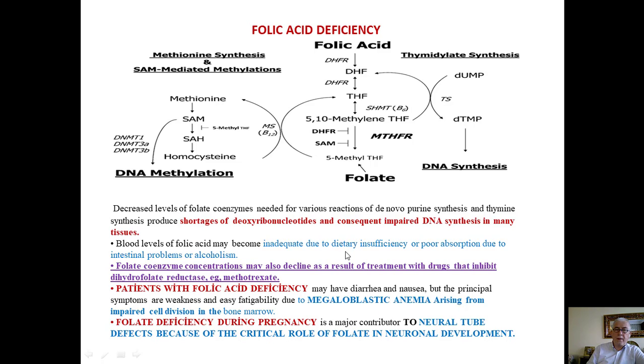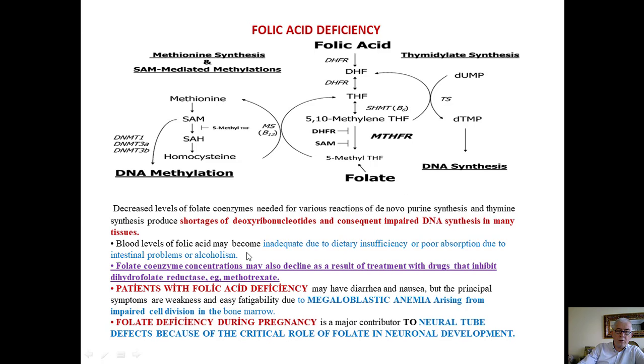Also, I would like to speak about folic acid deficiency. Now you know very well folic acid is a key molecule for purine and pyrimidine synthesis, because it is the source of carbons 2 and 8 in purine metabolism, and we need folic acid in thymine nucleotide synthesis.